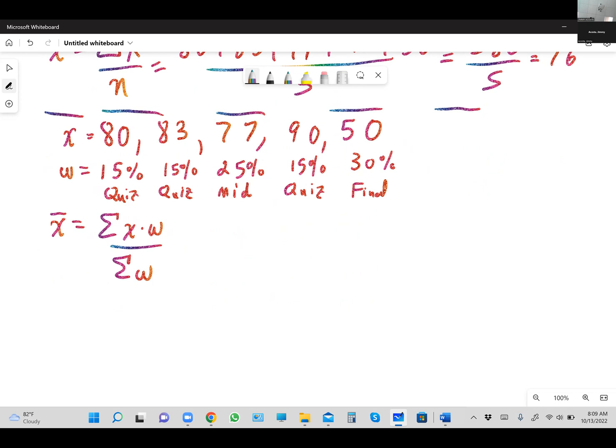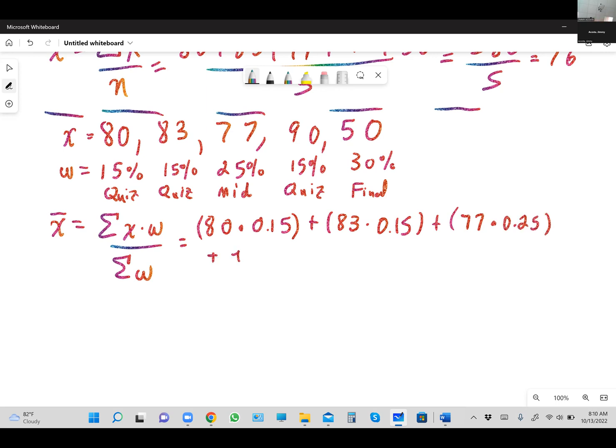Okay. So what I'm supposed to do now is take 80 and multiply it, and I should really use 0.15. I should not use 15, but you can use 15 if you like. So it's 80 times 0.15 plus 83 times 0.15 plus 77 times 0.25 plus 90 times 0.15 plus 50 times 0.30.